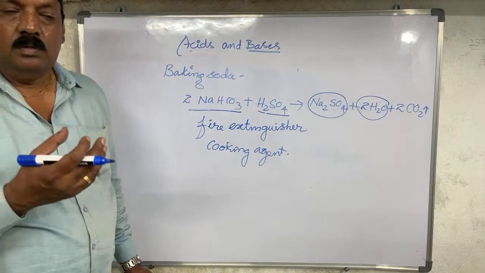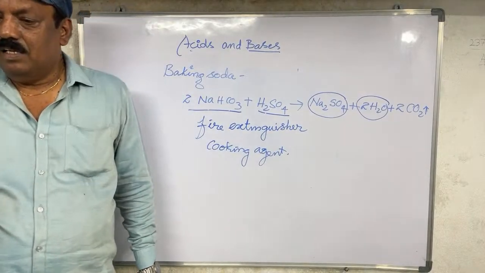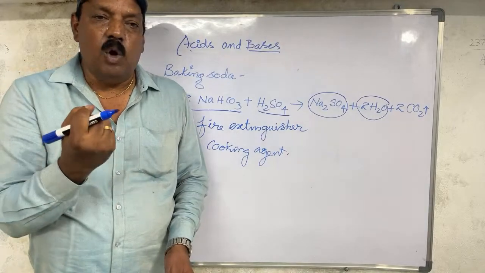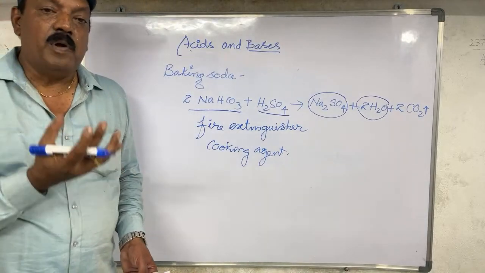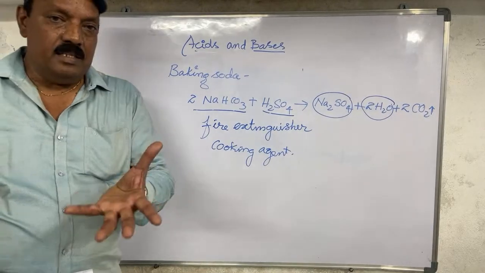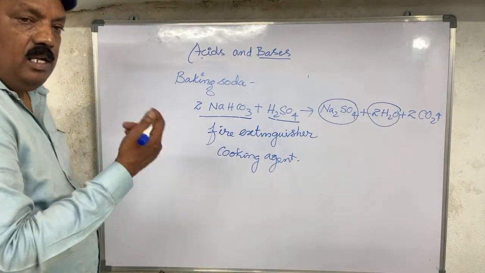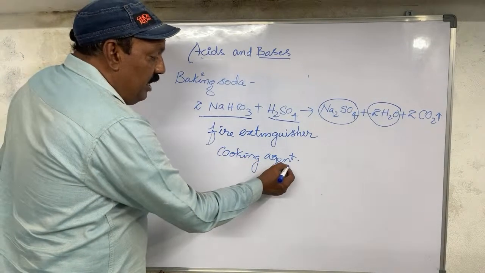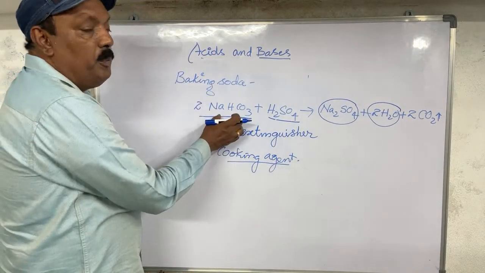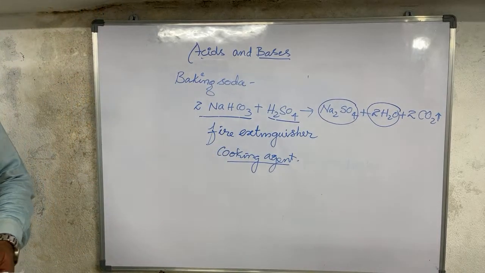If you want to make idli, we add this baking soda. By morning the dough gets a nice fluffy nature, loose and spongy, and even in bread and many other things. So baking soda is useful as a cooking agent. To put up the pile also, this baking soda is very useful.